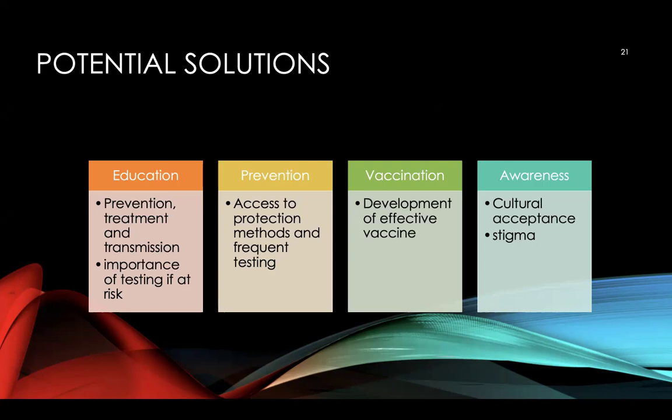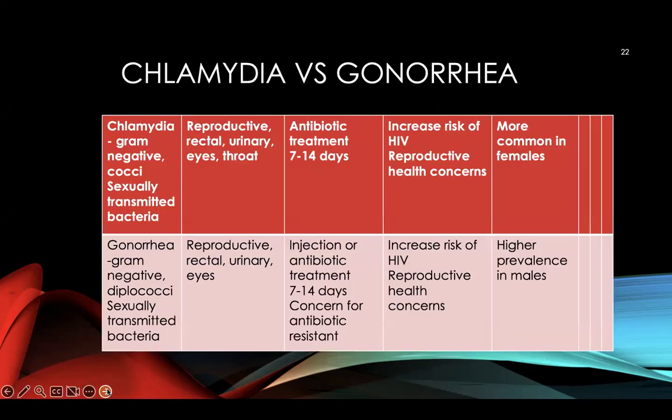I feel like in general, sexually transmitted diseases have a stigma, and they always have. But I think it's gotten better a little bit. But just making that cultural acceptance and understanding that there are methods of treatment and there are ways to prevent this, and just to take care of each other and not to put each other down. So just making awareness of these different solutions for sure.